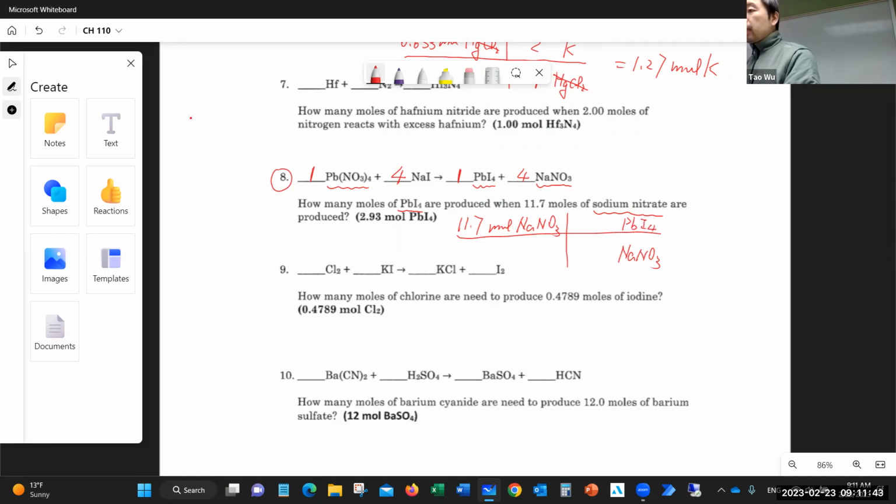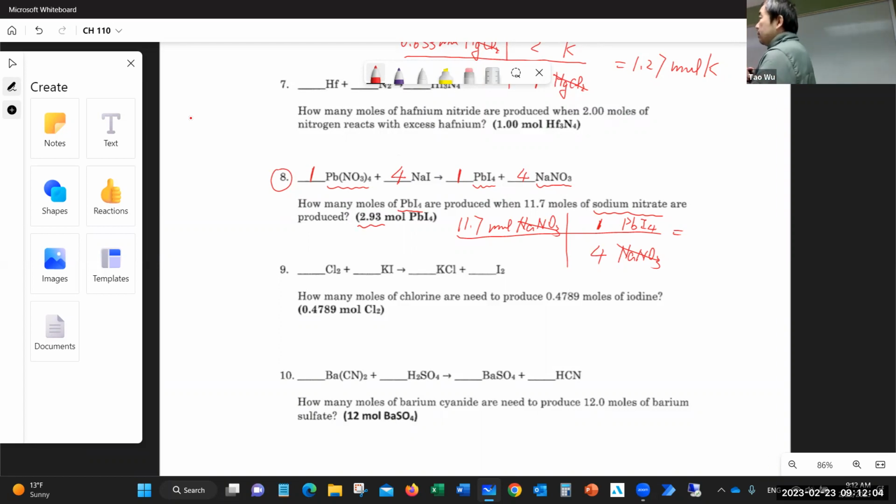In front of lead iodide is 1. In front of the sodium nitrate is 4. Okay, so now you know this is canceled. You will know it's just 11.7 divided by 4. Okay, so the answer will be 2.93. You got it?